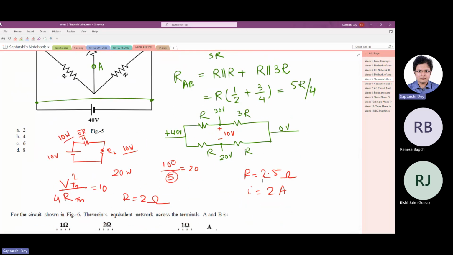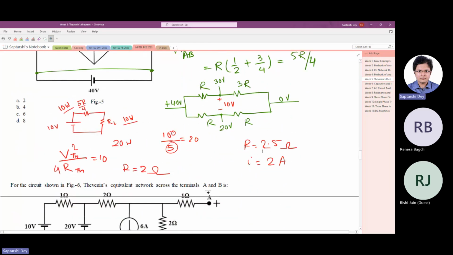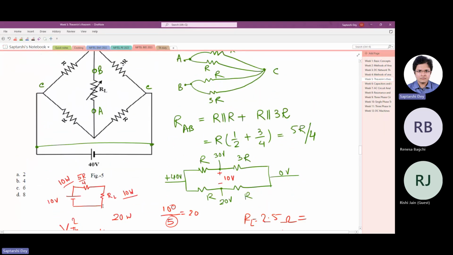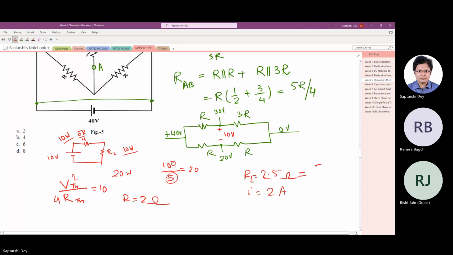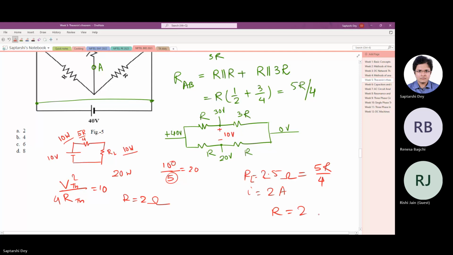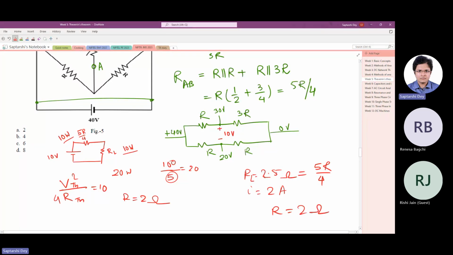Oh, I was doing it correct only. I misplaced the things. This R is 2.5 ohm. This is RL. Now this RL is nothing but the equivalent 5R by 4. So R is 2. Load resistance is 2.5 ohm. This is correct. Now this RL that we found out should be equal to 5R by 4 by this theorem.